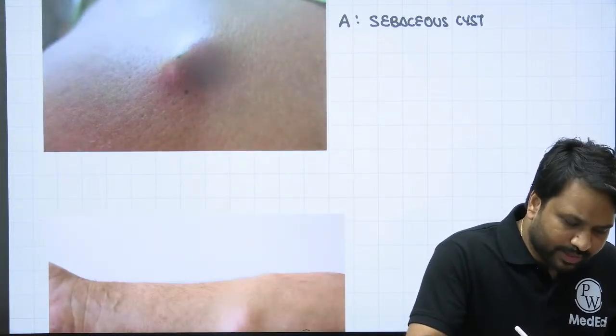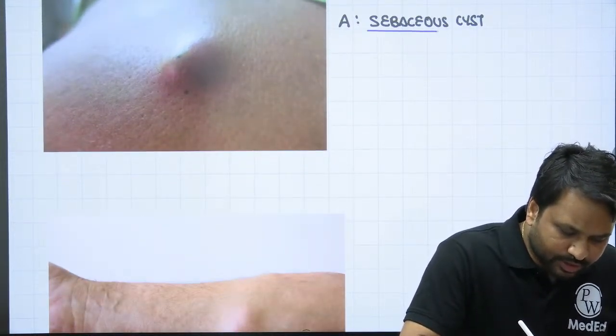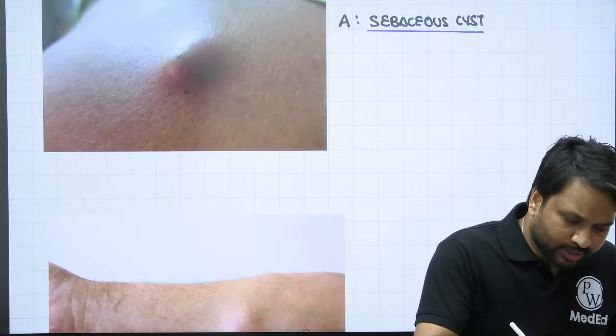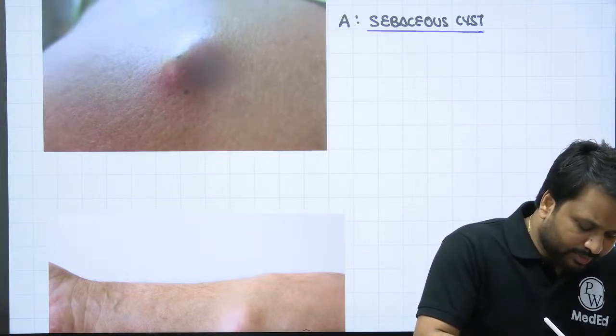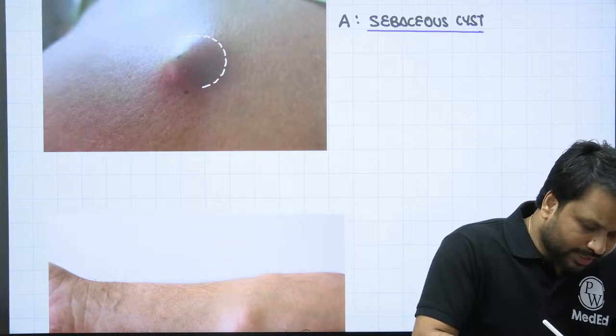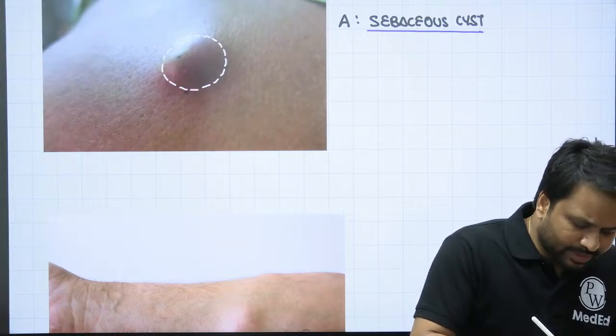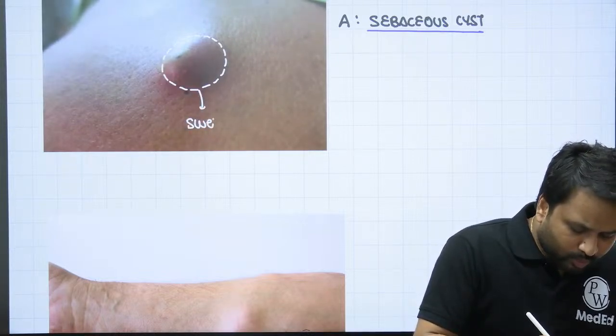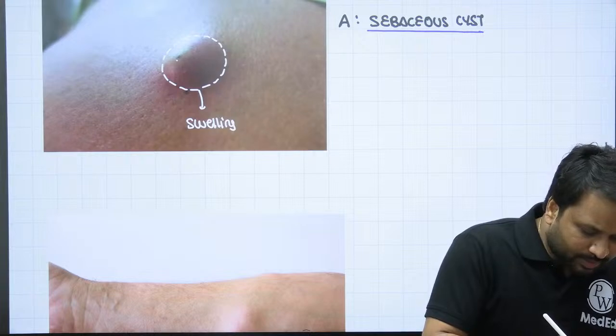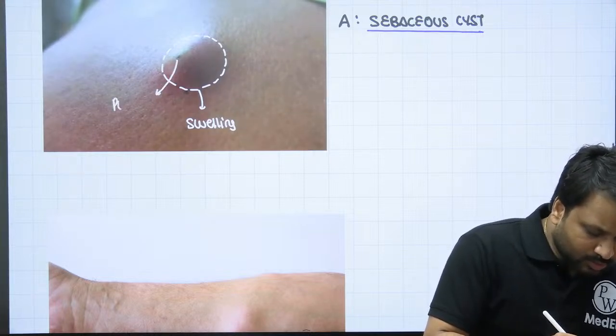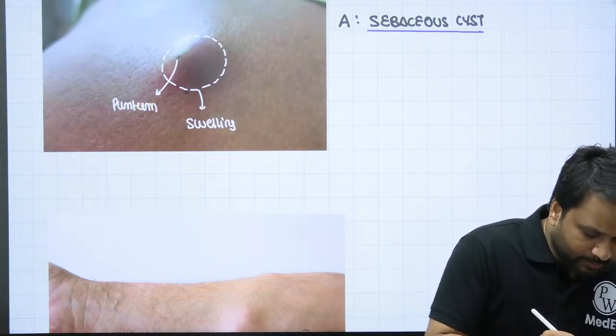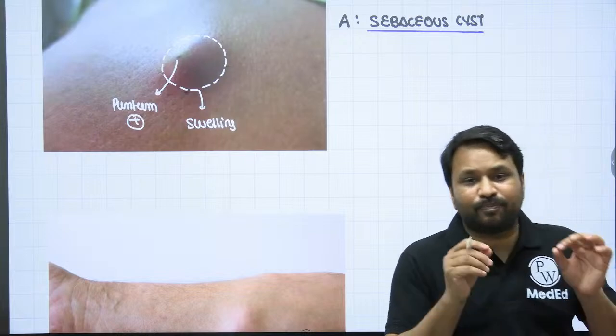But on what basis did you say it is a sebaceous cyst? Now the most important is, obviously you can see there is a clearly demarcated swelling. The swelling can be present anywhere, but more important, with the swelling, you can see this black colored dot. This is what we call the punctum. Presence of punctum in the middle.